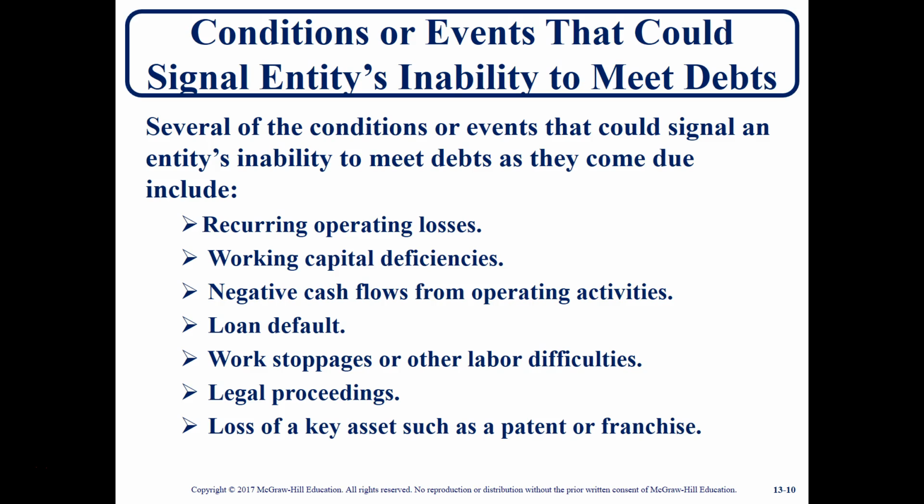Again, some signals that I mentioned before: recurring losses, working capital and current assets being less than current liabilities, negative cash flows from operating activities, default on your mortgages or loans, labor difficulties, legal proceedings, loss of a key asset such as a patent or franchise.